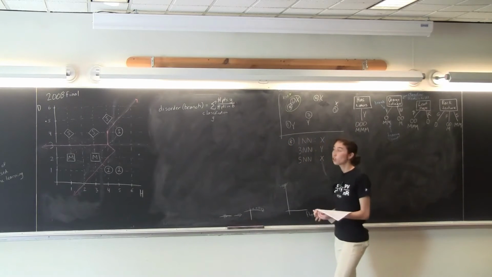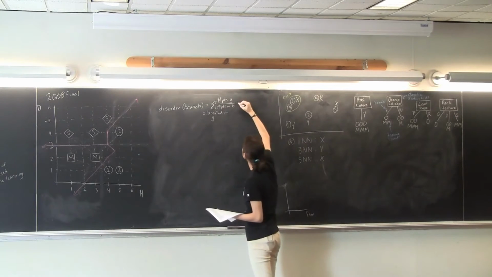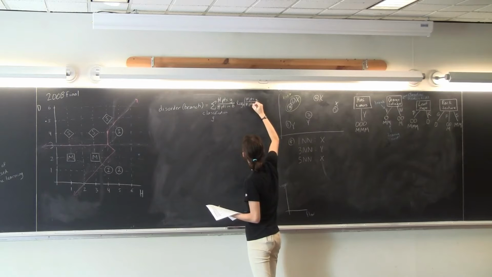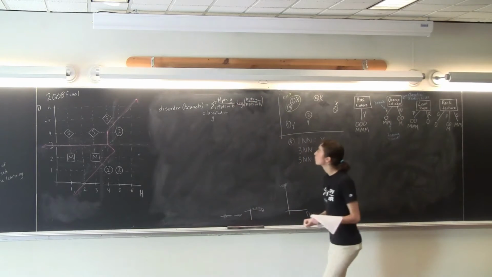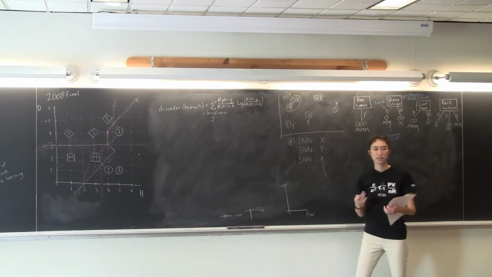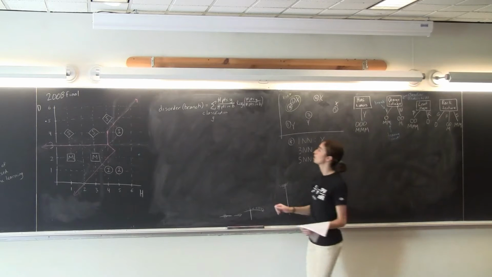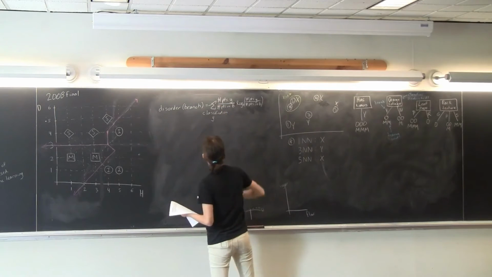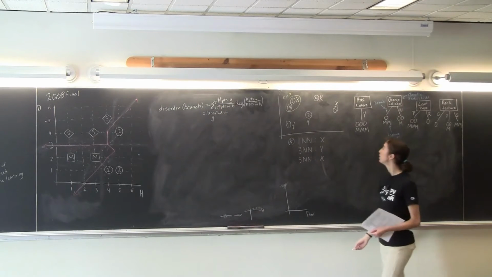And then we'll take the log base 2 of that same fraction. And we're going to negate this formula because the log of a fraction ends up being negative, and we want disorder to be a positive number. So we'll just put a minus sign in front of that sum.